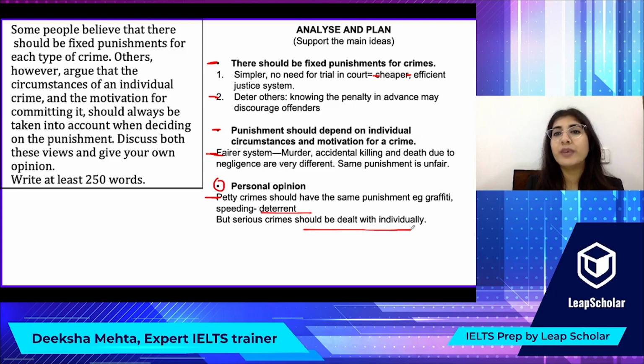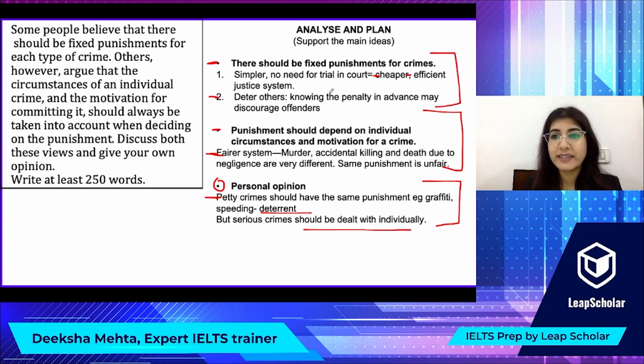So this is how you can plan your essay before writing it, and later on, all you need to do is just expand on these three main points and put them into your own language, and use good vocabulary. So now that I have written these with basic vocabulary, while writing you can focus on putting better vocabulary and forming complex sentences.